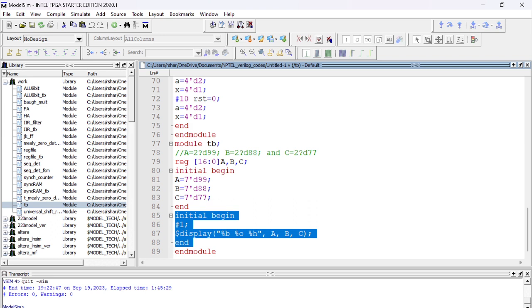But $monitor will display whenever there is a change in the value. Here A, B, C are constant, so we have used $display and displayed it once. But $monitor, whenever there is a change, will display the value again. Okay, madam.